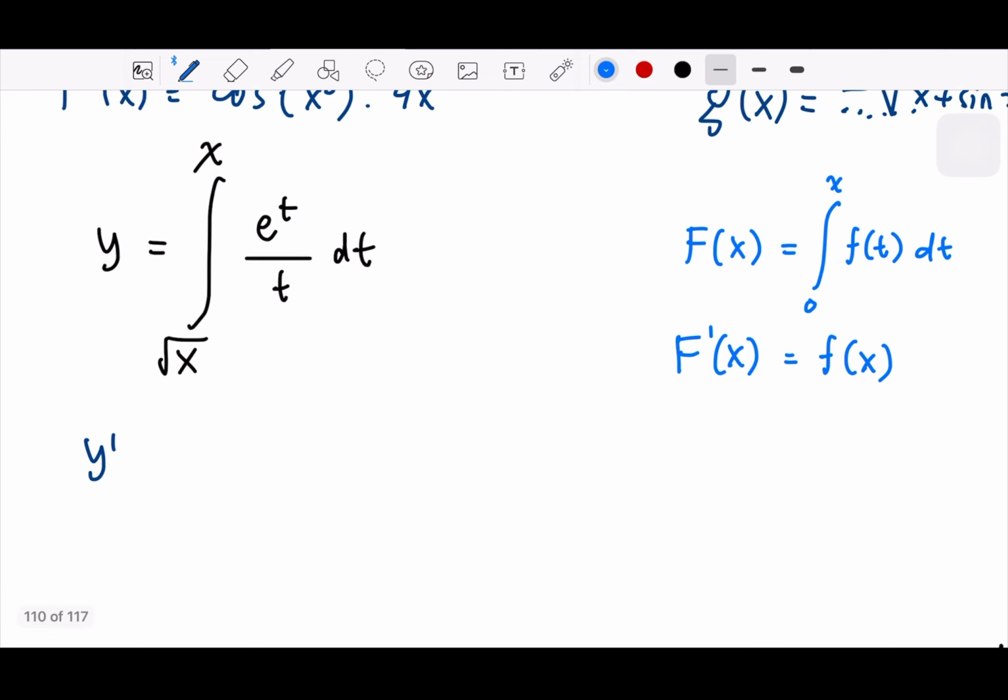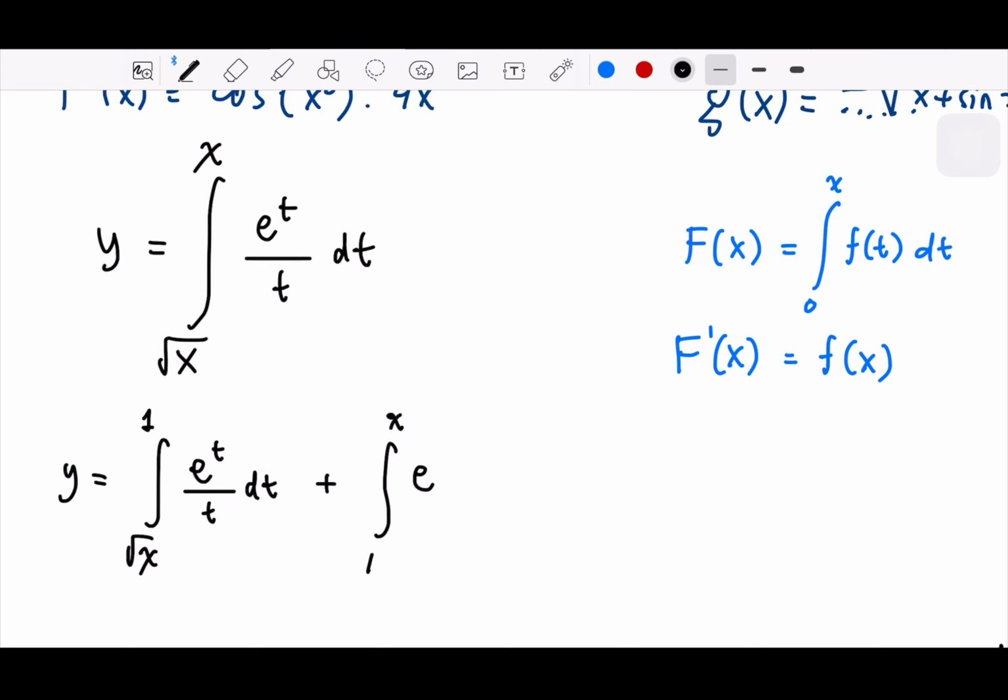So let me write here that we can separate the integrations: the integral from the square root of x to 1 of e to the t over t dt, plus the integral from 1 to x. Now the right one here is okay, it's a constant and a variable.